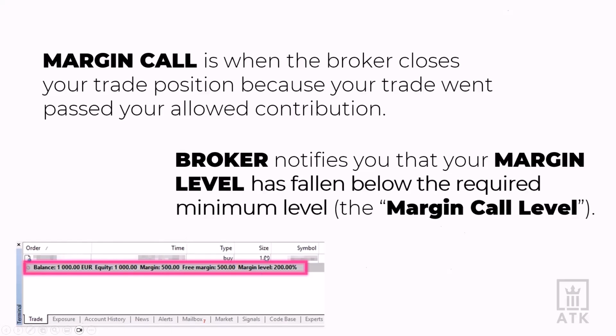The important piece is your margin level as a percentage, because if this drops below, the majority of the time, 100% of how much you have in the trade, then they'll close you out of the trade. Very rarely does that get below 100%, but sometimes it does.